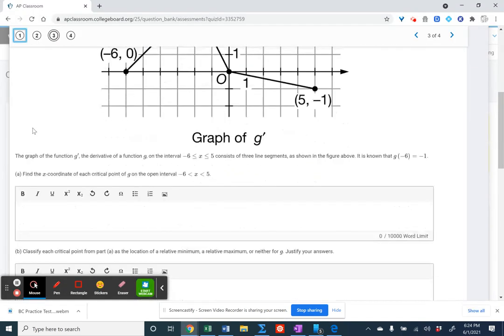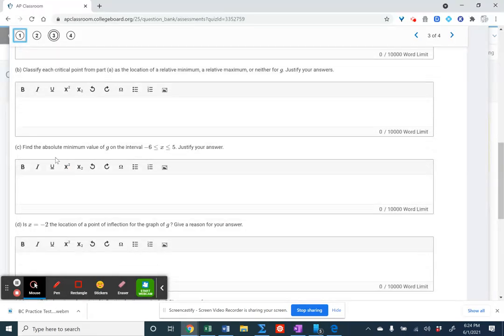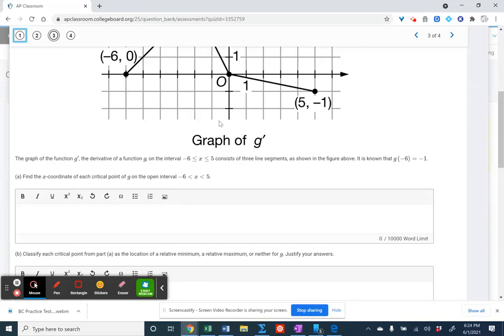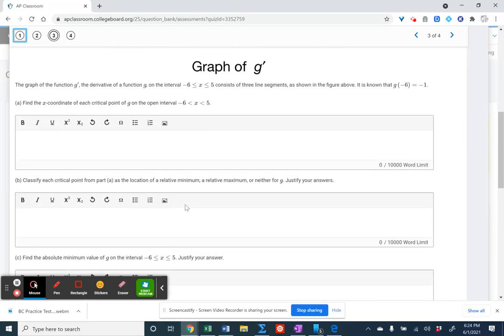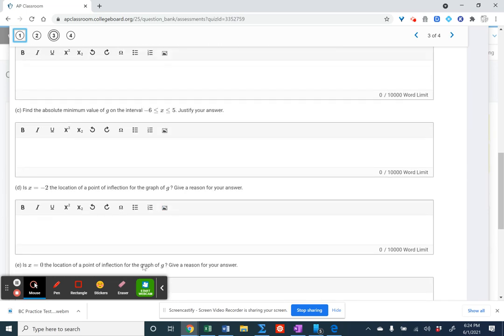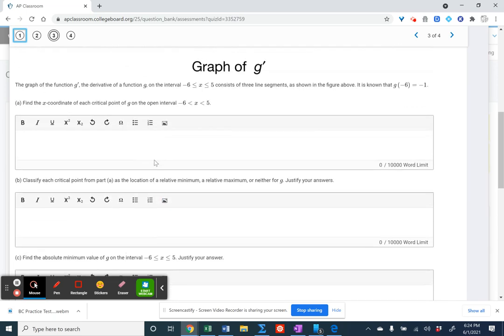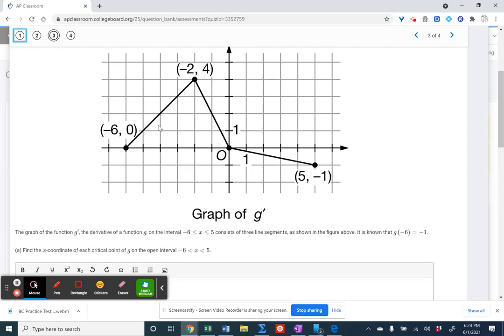Let's see. Now, the absolute minimum value of g on the interval from negative 6 to 5. There's only one critical number, okay? And at the critical number, you have a relative max. So the absolute minimum can only occur at one of the endpoints.